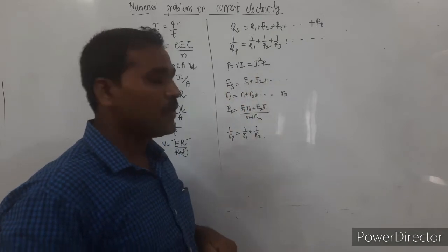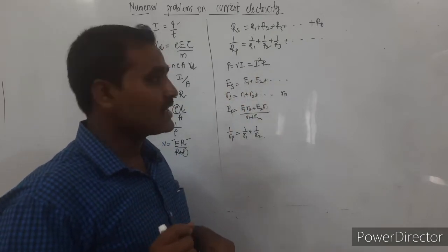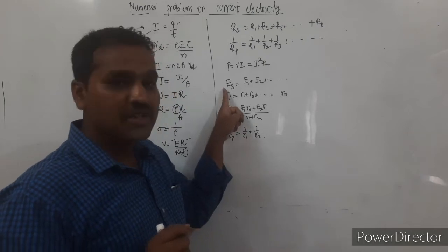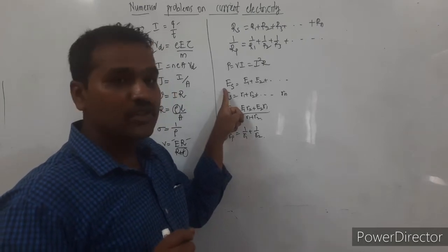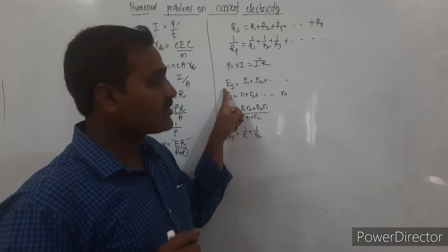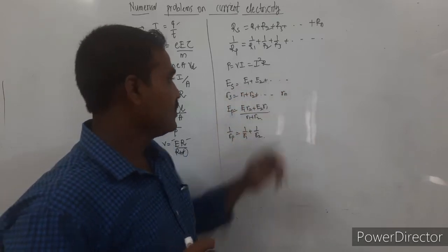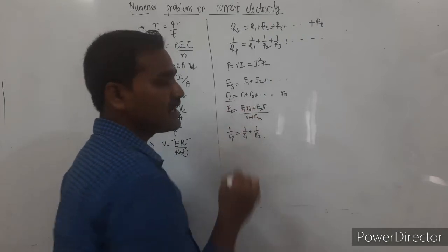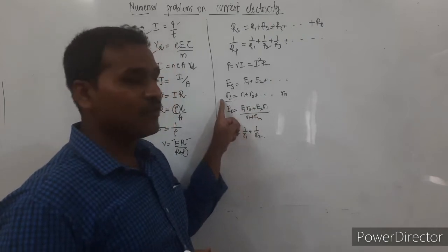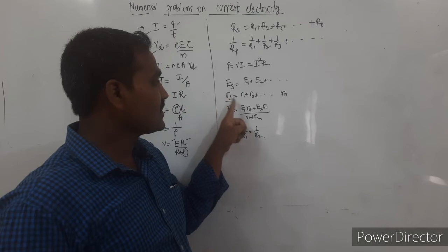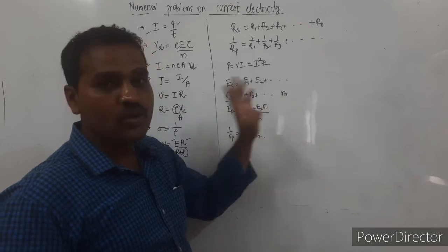Then when we have a combination of cells, for series combination, the effective EMF is the sum of the individual EMFs of the cells. Similarly, the effective internal resistance for series combination of cells is R1 plus R2 up to Rn.